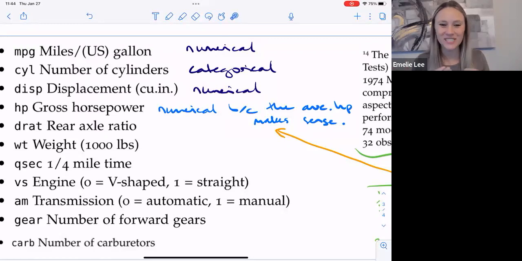So for the number of cylinders, wouldn't it depend on the situation? For example, for cars, it would be categorical, but if we're in a factory or something like that, it could be considered numerical. Now this is one of those instances where I could probably be persuaded either way, but because this data is for specific cars, I'm going to go with categorical.